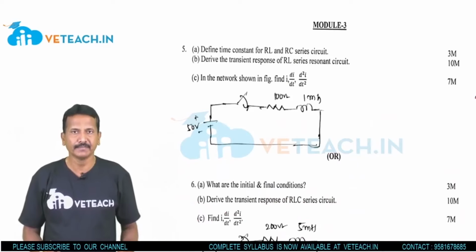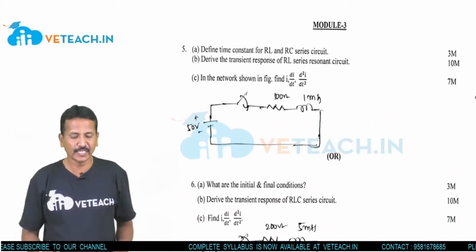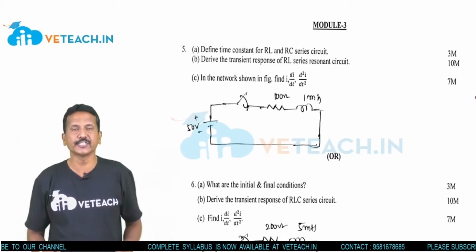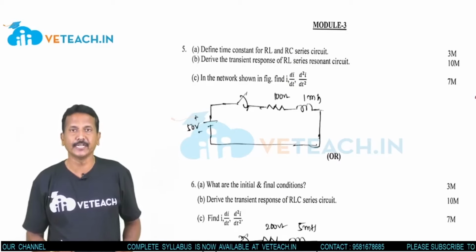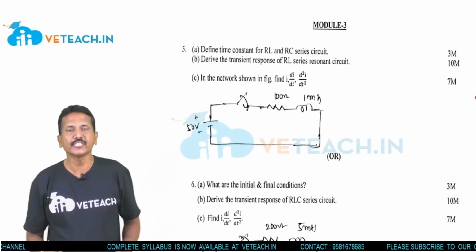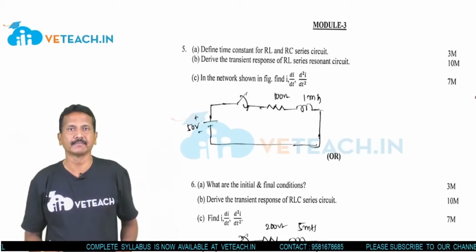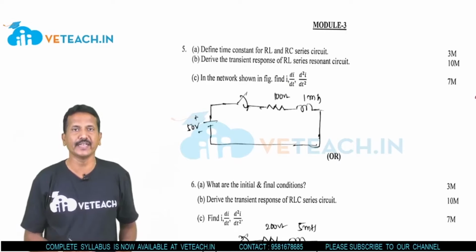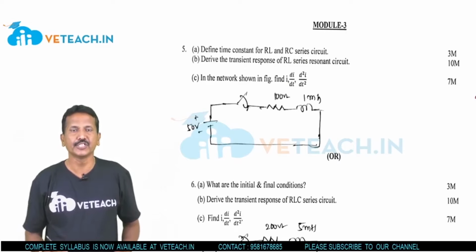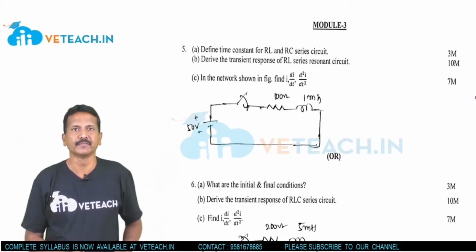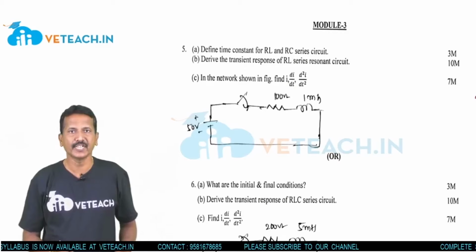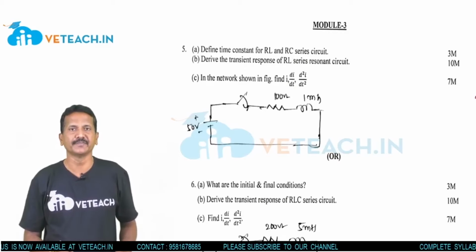In module 3, the fifth question: define time constant for RL and RC series circuit. Time constant can be defined as the time for the changing of state from initial to the final, the fraction of seconds. That time we are saying as a time constant.